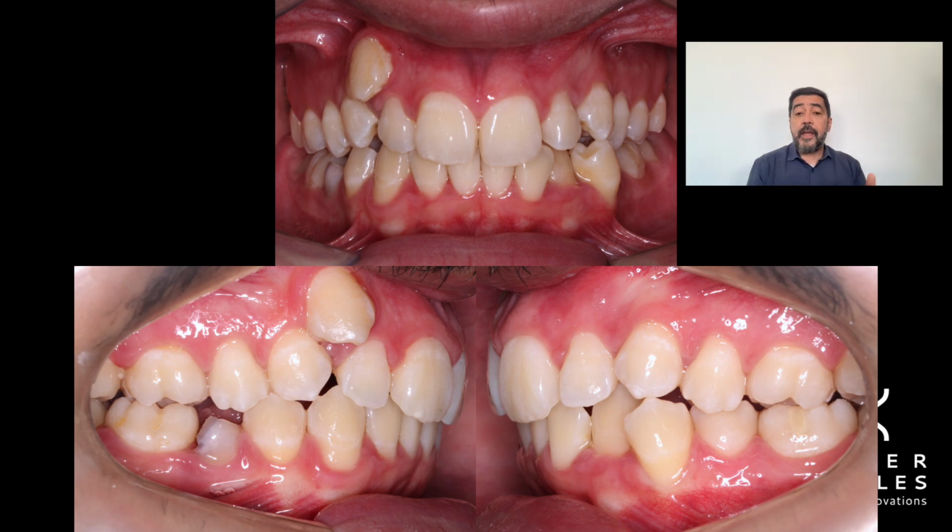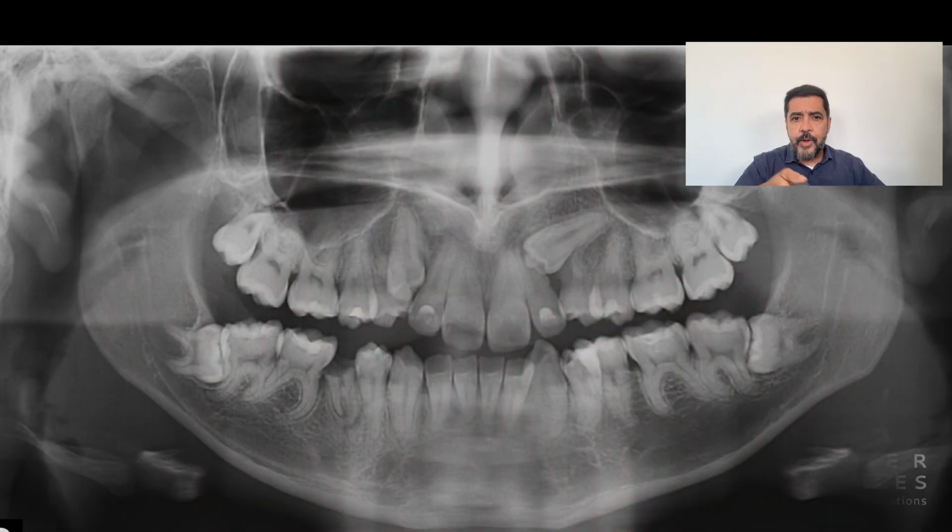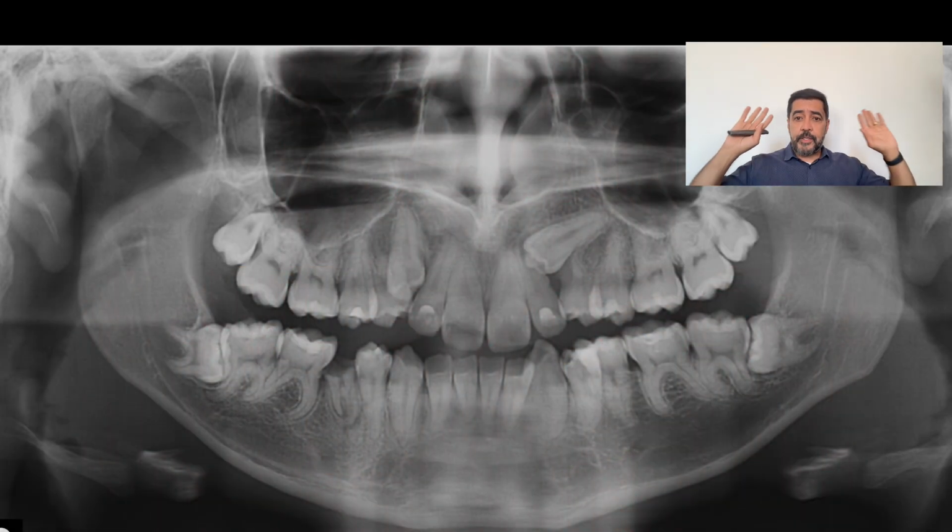If you think extraction is not a good option, if it's not an option at all in your cases, think about what you need to do. If you have space, in this case you have space, extraction of the third molars would generate space and you can distalize. Good luck after that distalizing the premolar without contacting the root of the premolar against the root of the canine.